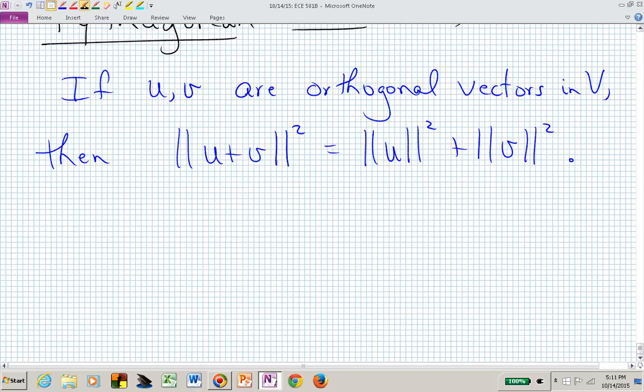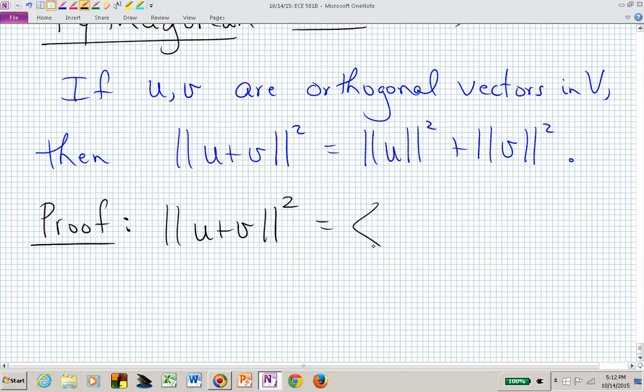How can we show that? Well, it's not too difficult now knowing what we have defined as our inner product and the norm inner product relationship. Now we know that u plus v squared, we can write that in terms of an inner product. That's the vector inner product with itself. And the vector here is u plus v.